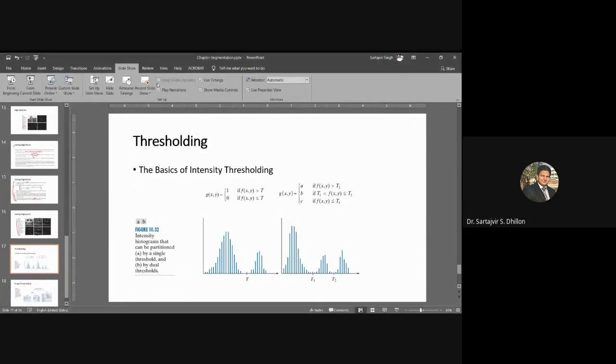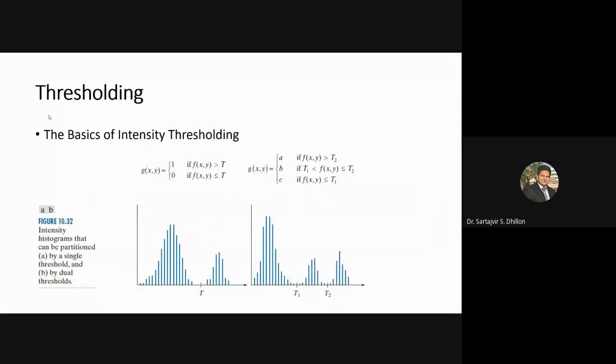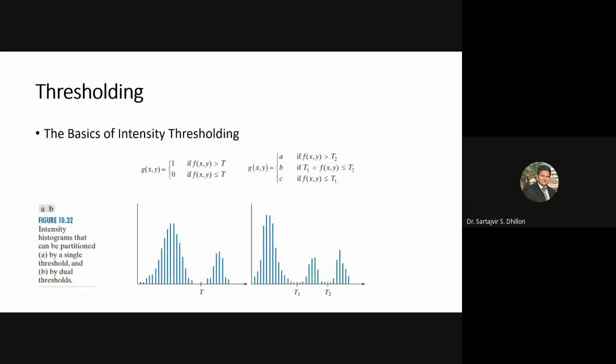We will do the thresholding operation in detail, and it is a very simple and important process. While implementing intensity thresholding, we can use this type of operation. This is a single threshold, and this is a dual threshold, which we can also call a multiple threshold. It is used to divide the intensity histogram.